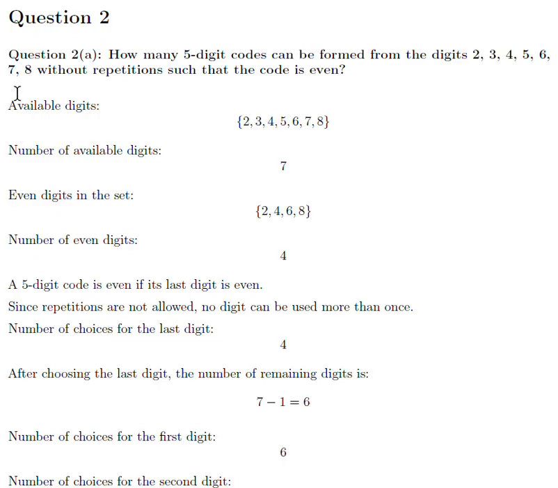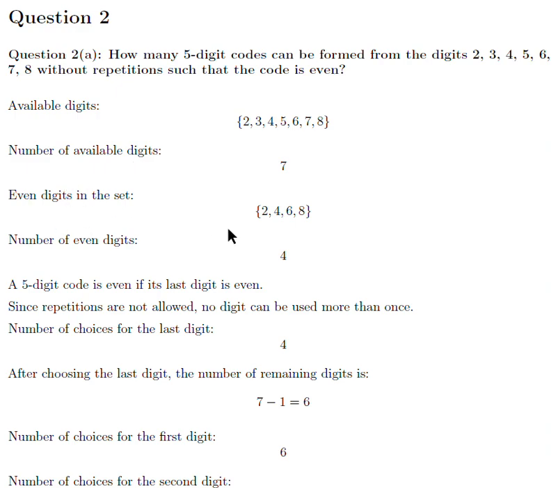So the analysis of the question now is that we have this available set of numbers for the pin code. The pin code is generated from this set: 2, 3, 4, 5, 6, 7, 8. These are the numbers that are contained in the code, but it is a 5-digit code, right?